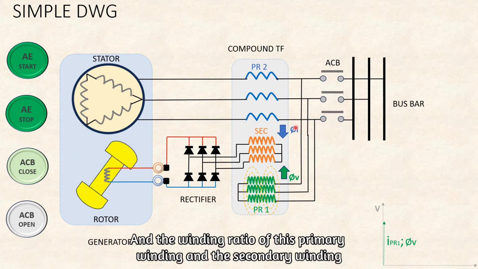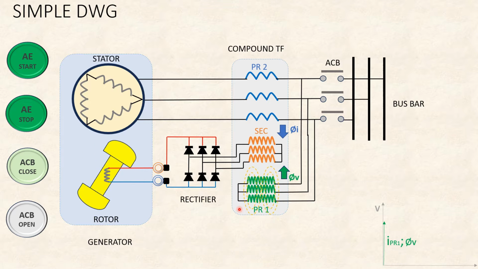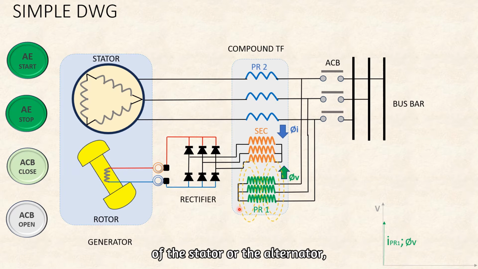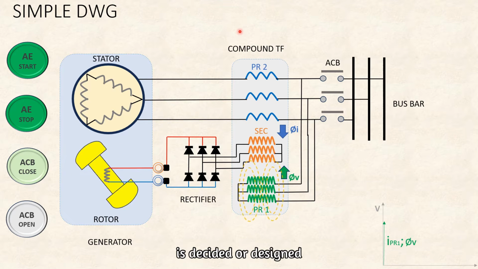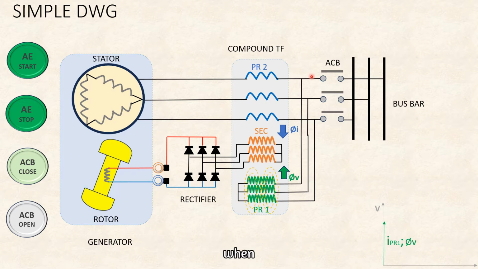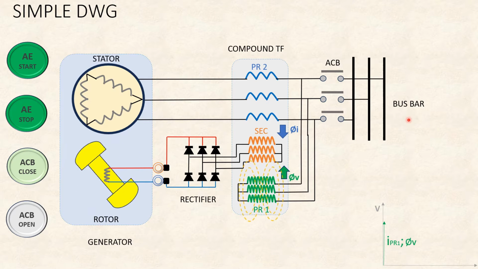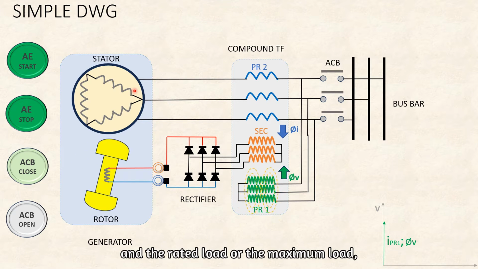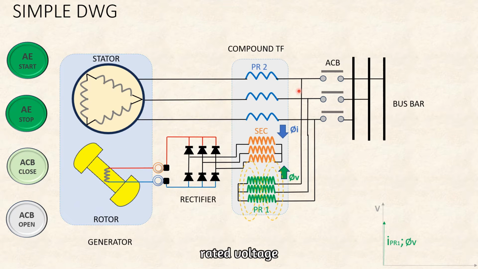The winding ratio of the primary windings and the secondary winding is matched in such a way as to give the no-load voltage of the stator or alternator. At the same time, the PR2 ratio is designed in such a way that when your alternator is connected to the busbar, at rated or maximum load, the generator will maintain its rated voltage.